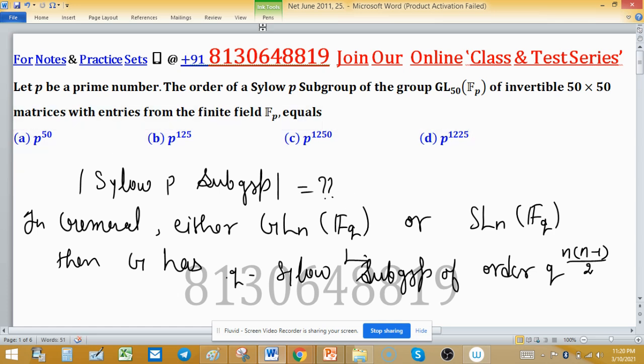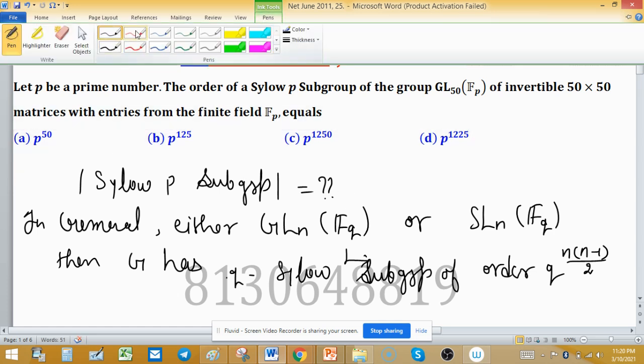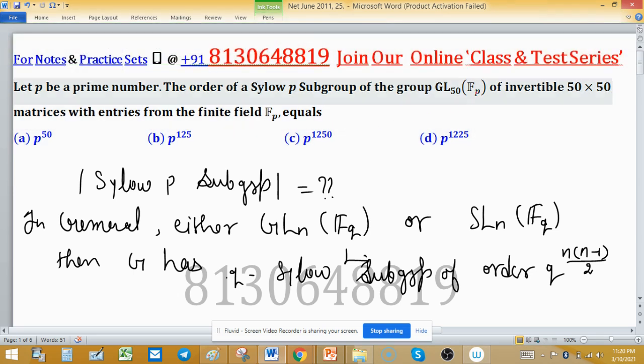For this problem, p is used instead of q and n is 50.